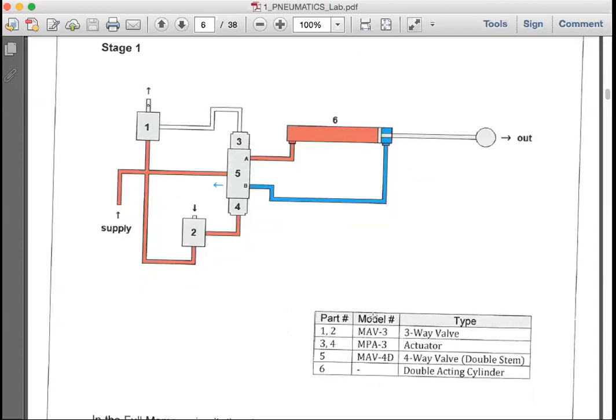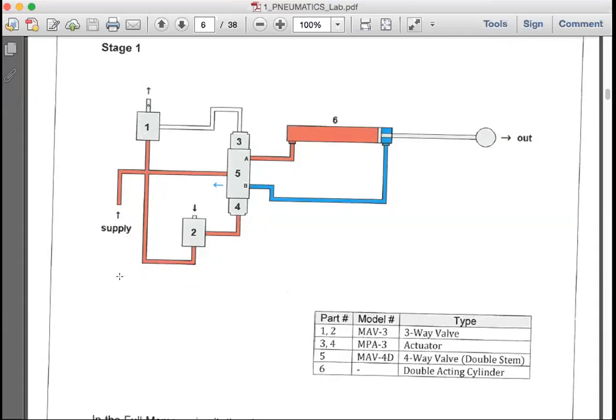There's a description of model number, what type of component, and so on. So you can easily relate to it. They even have the indication of A and B, which is actually engraved on the valve. So you can relate whether the pressure goes through opening A or B, but you could also describe it as top and the bottom.